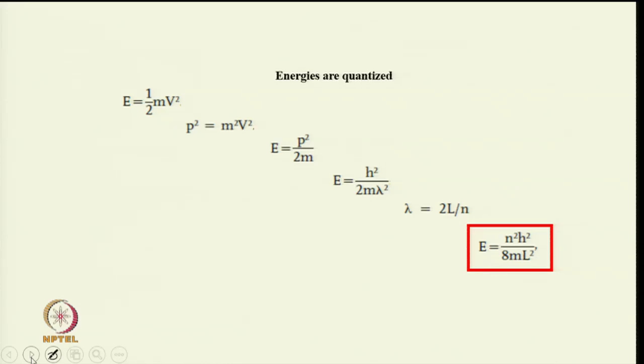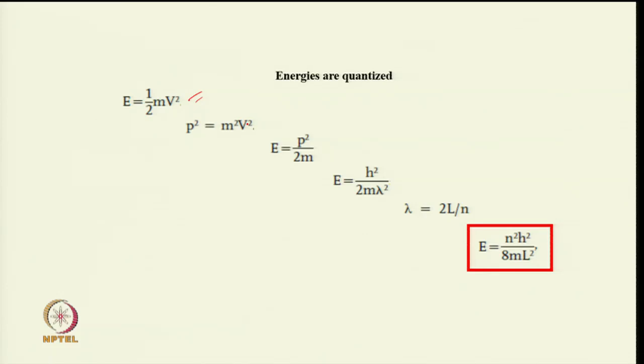We know that E is equal to half mv square, and using this let us calculate the momentum. What I am trying to do is relate E with p, and I know the relationship between p and lambda.